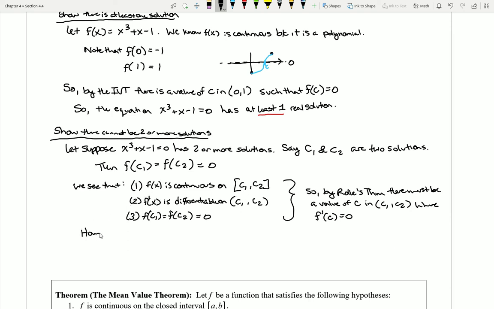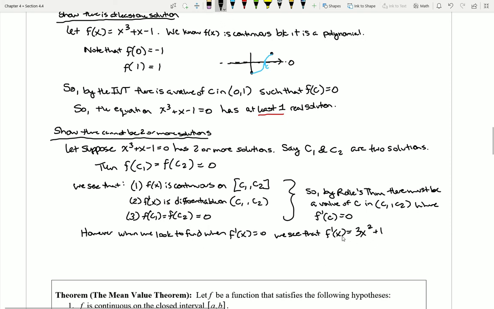So I'll say, however, when we look to find when f prime of x is equal to 0, we see that f prime of x, with my function here, is going to be 3x squared plus 1.